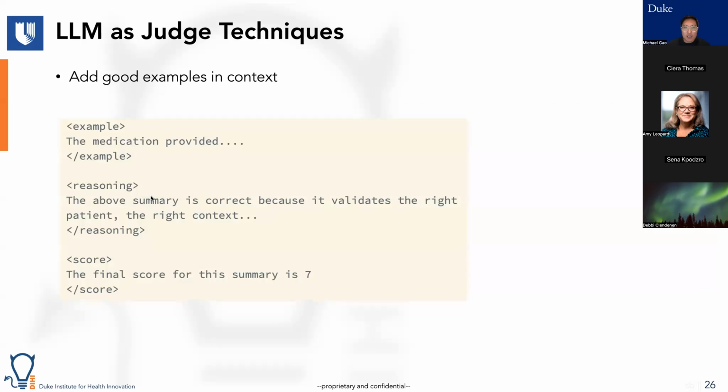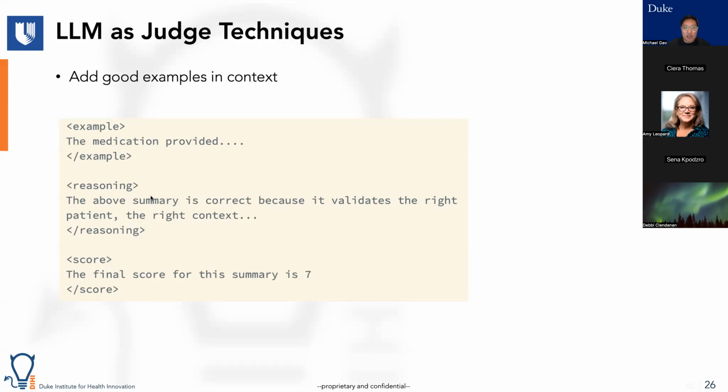Another very common technique is to include other examples of this procedure in the prompt or in the evaluation itself. For example, if you have other examples that are human graded, you can use that as a reference for the large language model. Here's a rough scaffold of what this might look like. You could say, here's an example, and you can have some text about the medication that was a summary.